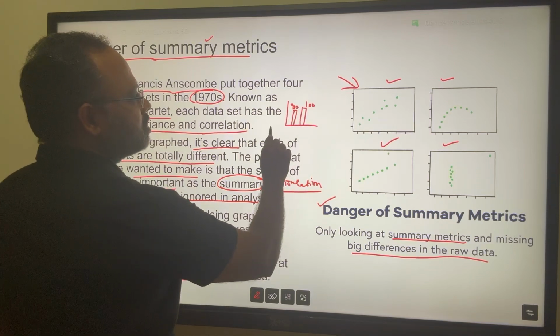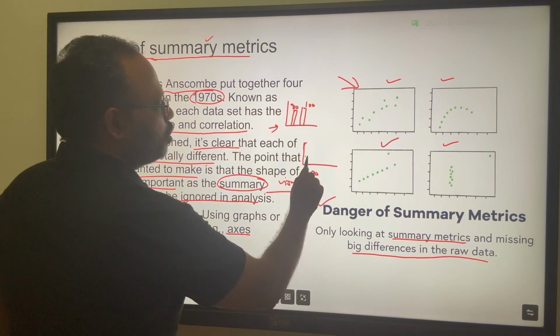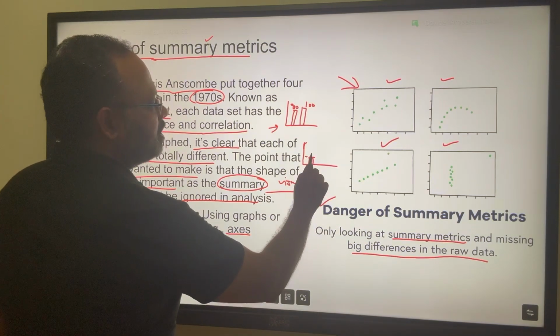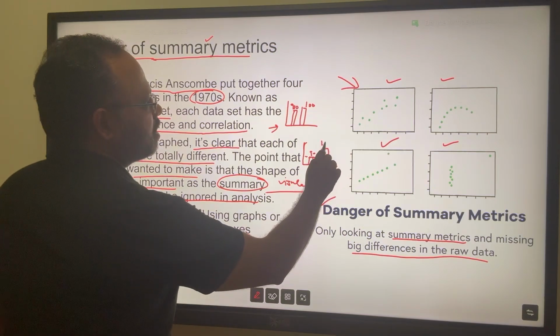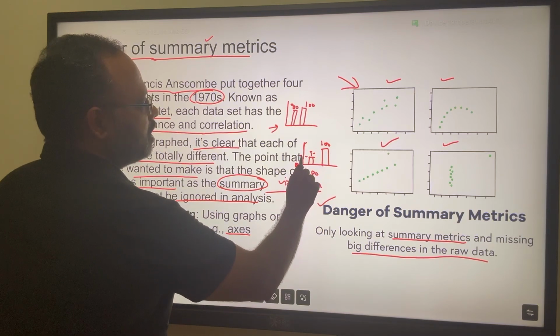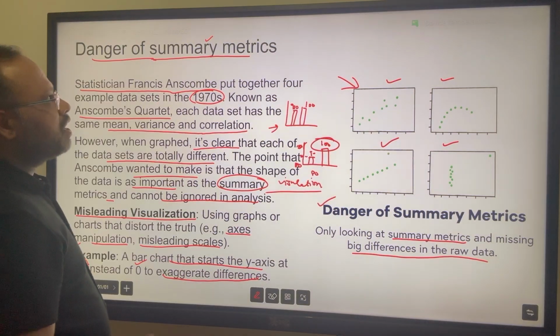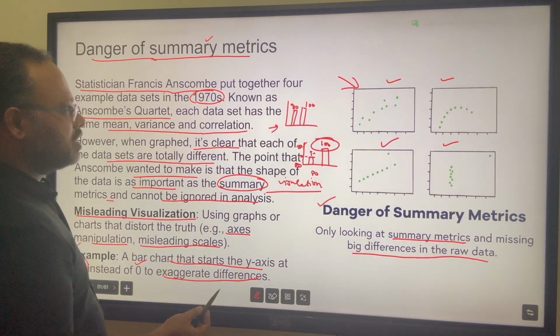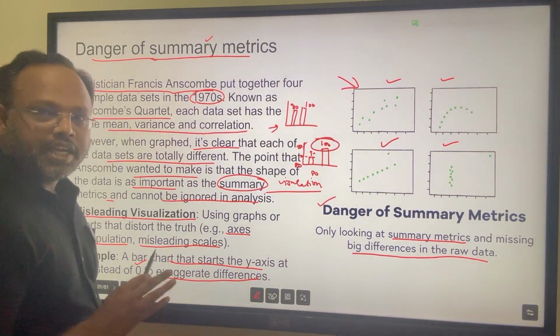Instead of making this type of graph, they start the graph from 80 and show this as 90, and this double the height as 100. So which means the graph is starting from 80. So this is 10, this is 20. So totally it makes up to 100. So this sort of misleading visualization and danger of summary metrics has to be considered as data fallacy.